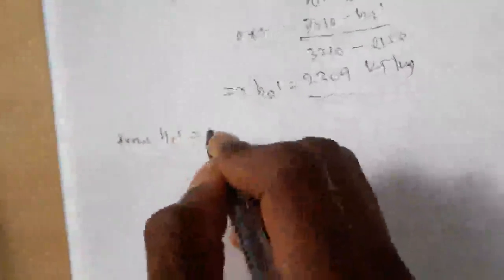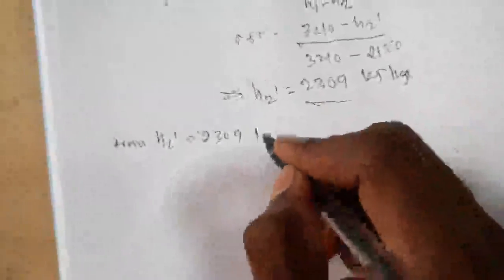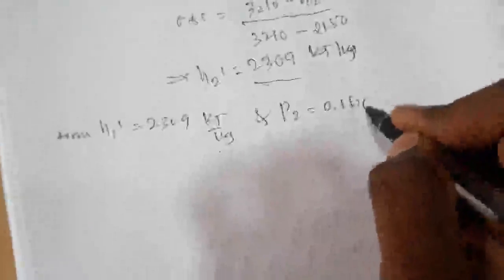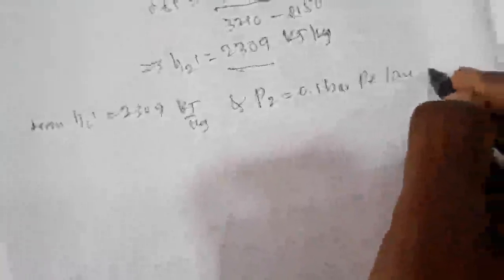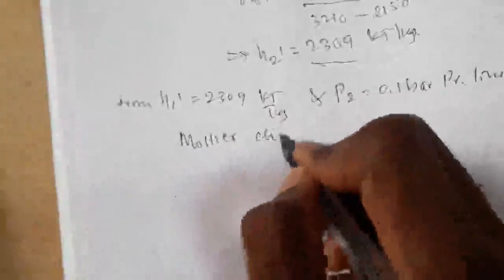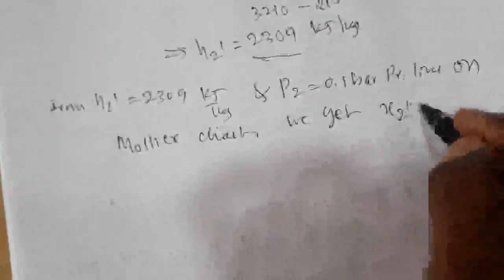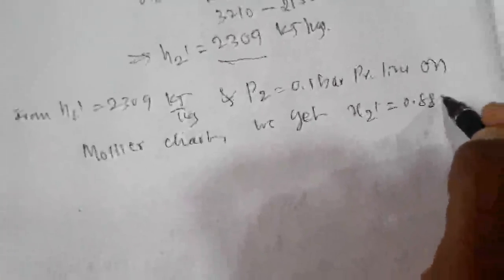So the dryness fraction at the intersection of 0.1 bar on the Mollier chart: from the H2 dash equal to 2309 kilojoule per kg line, and P2 equal to 0.1 bar pressure line, wherever both intersect on the Mollier chart, we get x2 dash equal to 0.885.